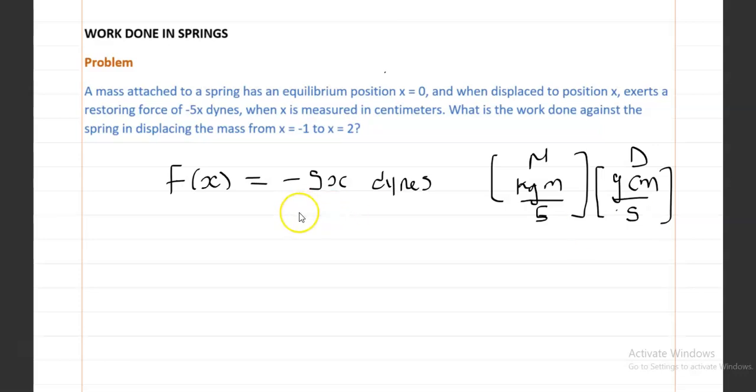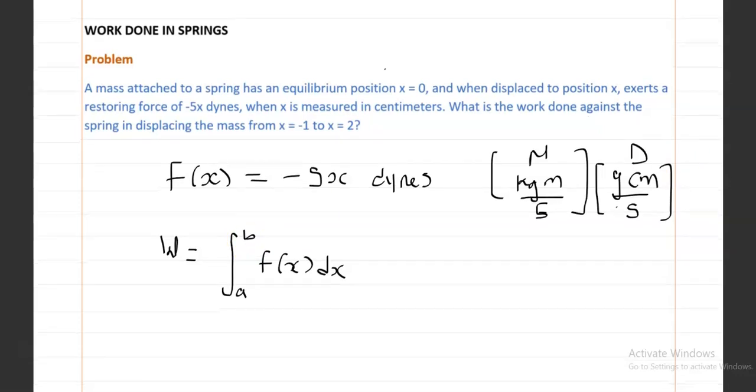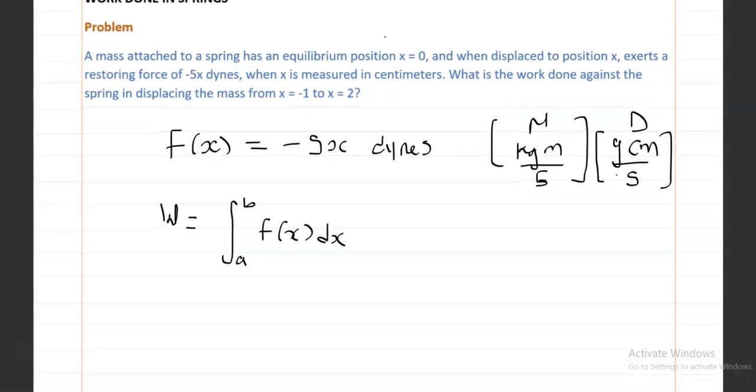All right. So we have our force function, and we are asked to find the work done. Now the work done is the integral of the force function over the interval a to b, where a and b are the positions of displacement.